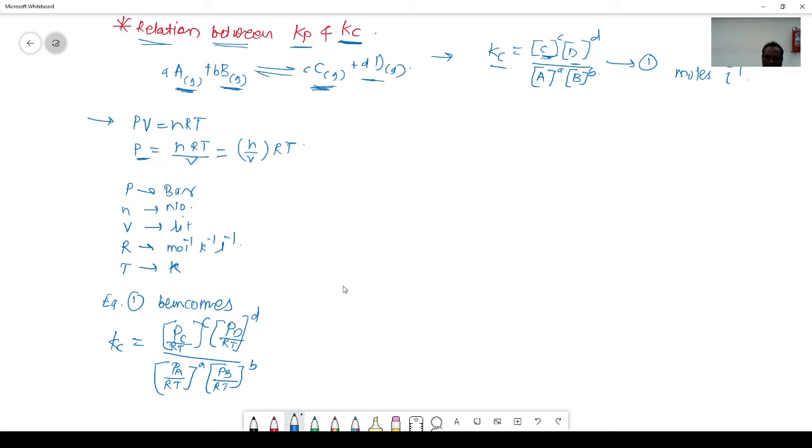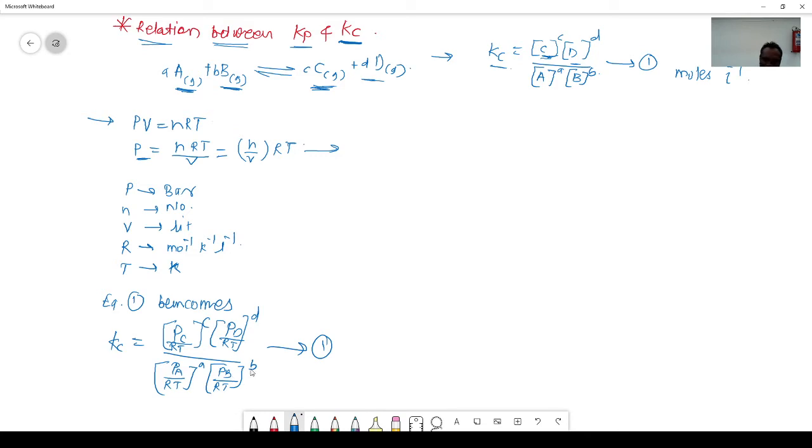We have put in this equation n divided by V, that is the concentration, as pressure divided by RT. This term we have converted into partial pressure. Now the partial pressures of the species are made dimensionless by dividing the respective pressure by 1 bar.